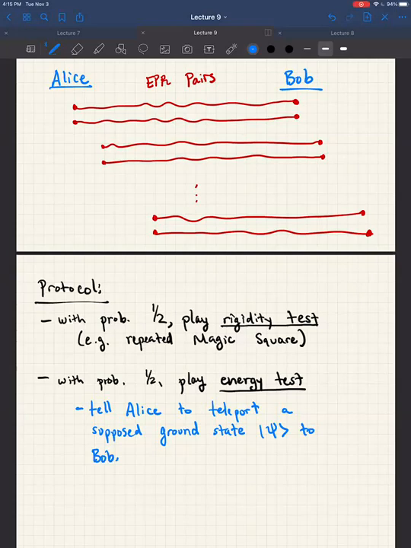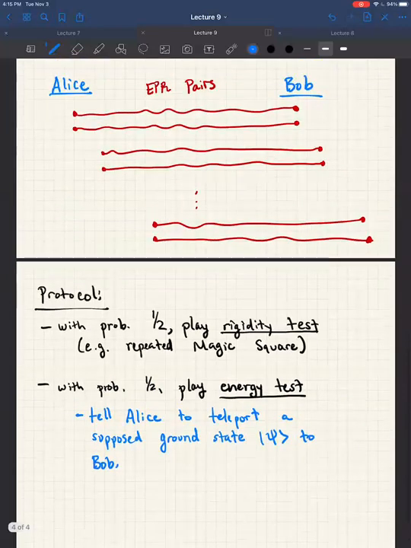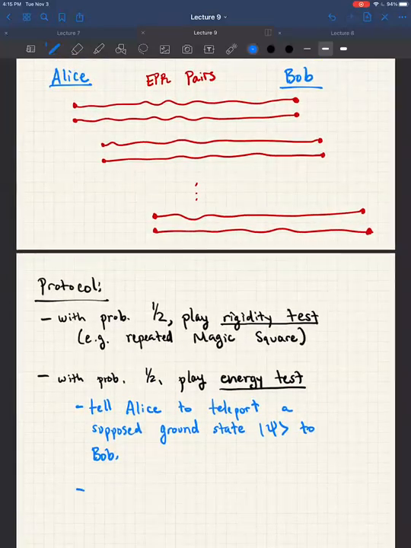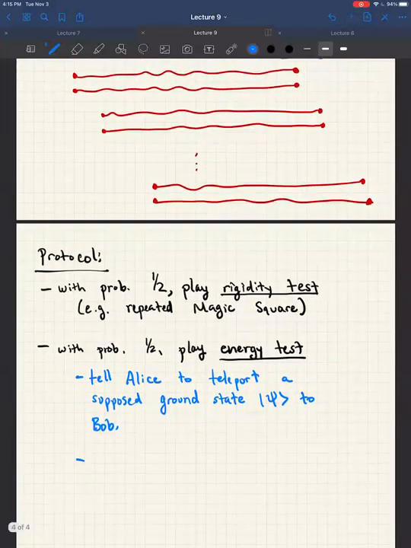I'll review what quantum teleportation is in just a second, but let's just assume that Alice is able to do this. And then we're just going to simulate the rest of this verification protocol.